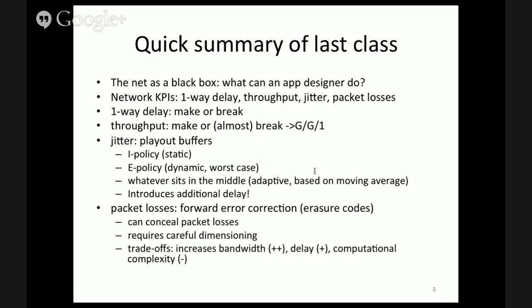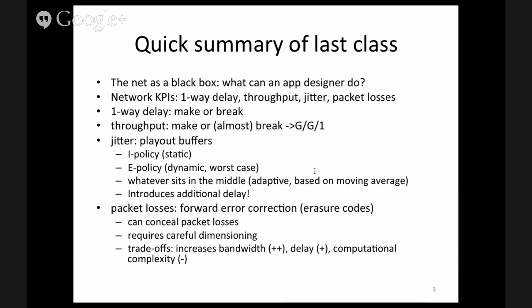The first one is the one-way delay, and we saw that it is a make or break. There is not much you can do as an application designer about the one-way delay. If the delay is too large for your application to run, well, just forget about your application.